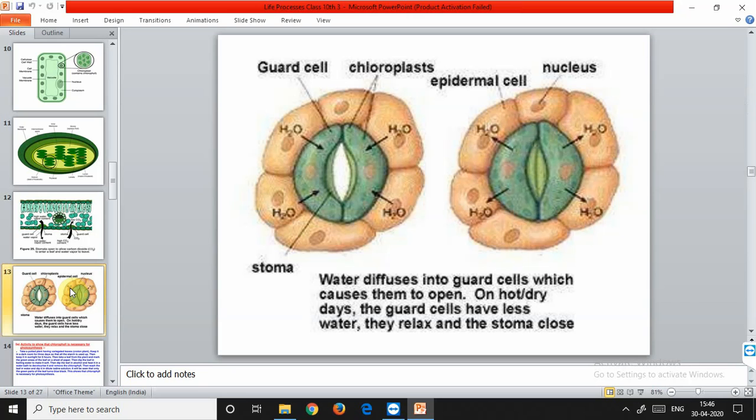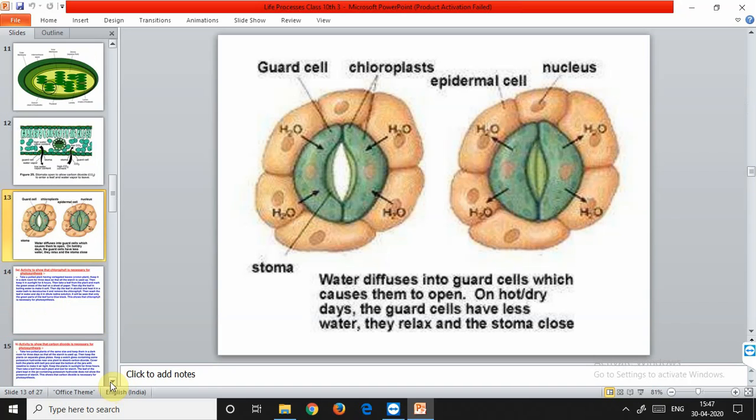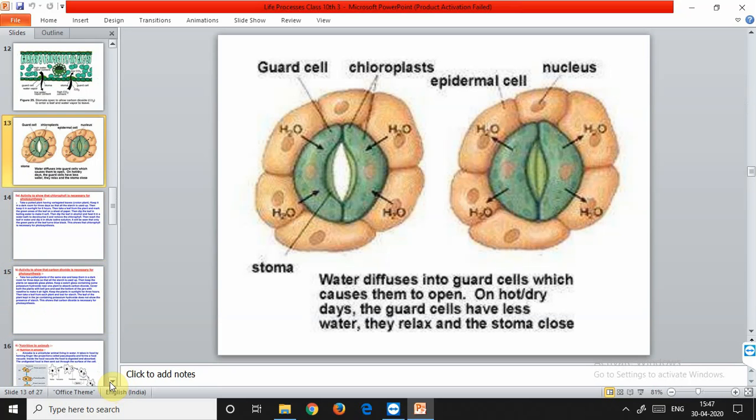So this much we have done. Then we also discussed the raw materials that were required for the process of photosynthesis. What were these? Chlorophyll, that is the basic criterion for photosynthesis to occur. Temperature, the optimum range was between 25 degrees Celsius and 30 degrees Celsius. And carbon dioxide was also a limiting factor that was very important in the process of photosynthesis.